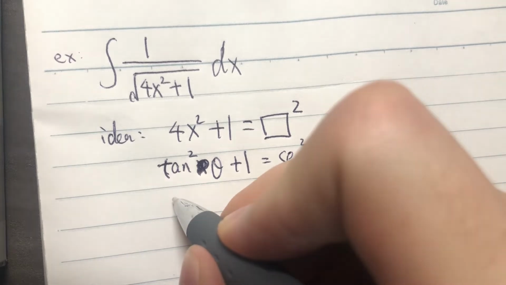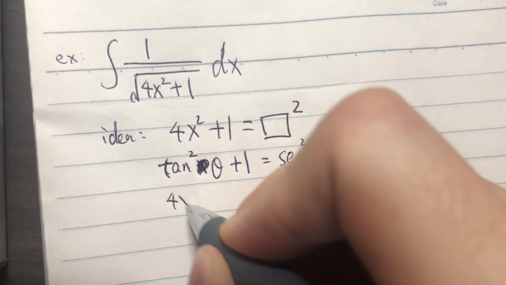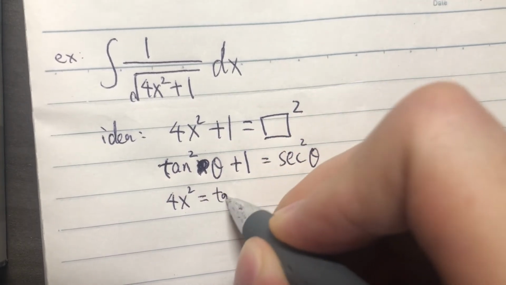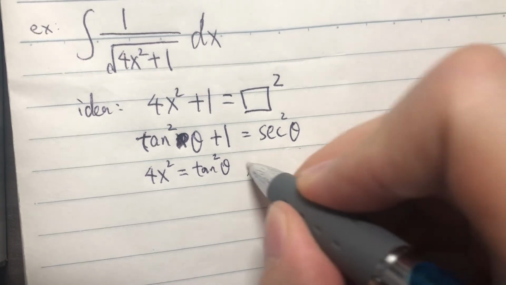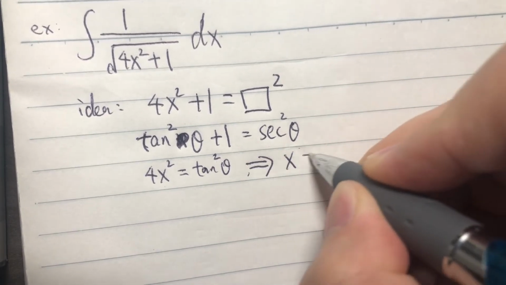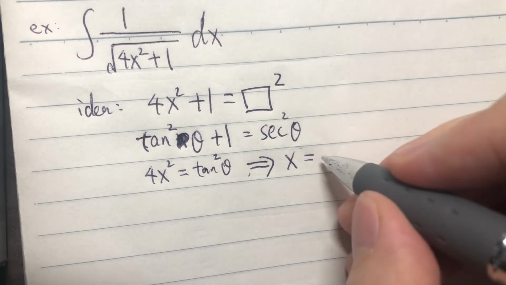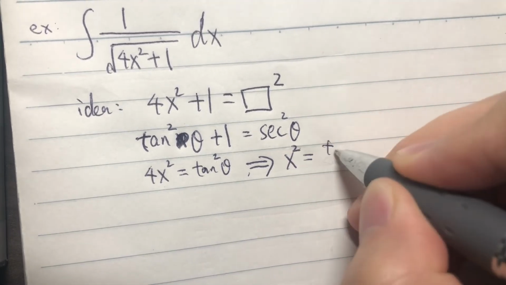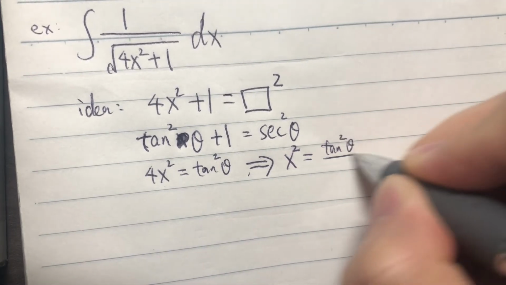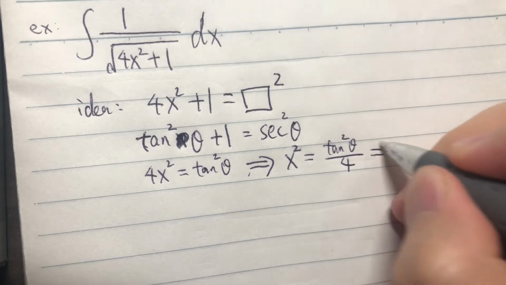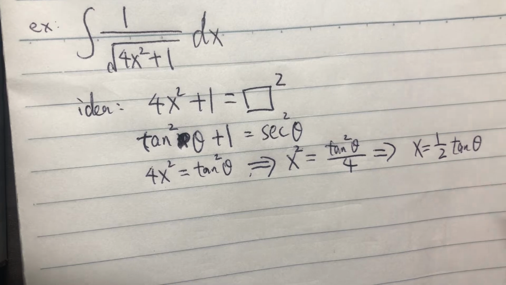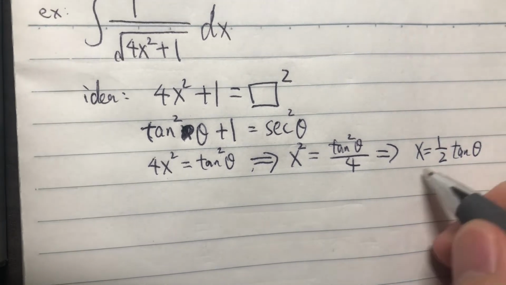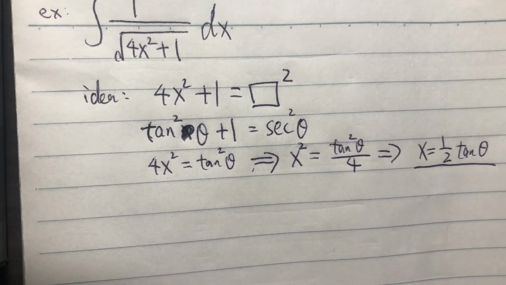So 4x squared equals tangent theta square. This is the trig substitution we are going to use. So we can solve for x. x squared equals tangent theta square over 4. So x equals 1/2 tangent theta. Basically this is the trig substitution we're going to use.